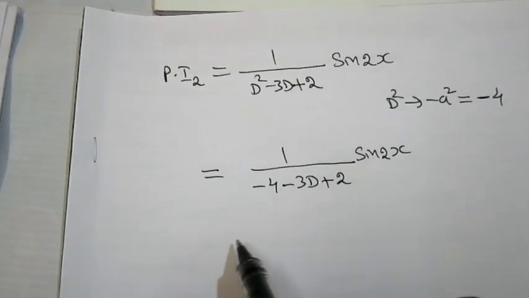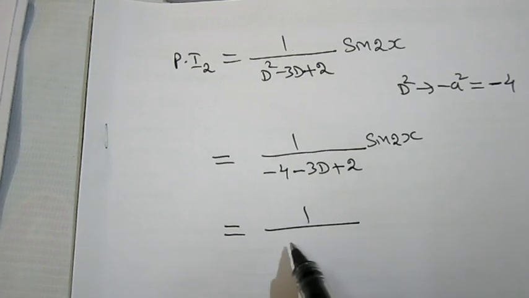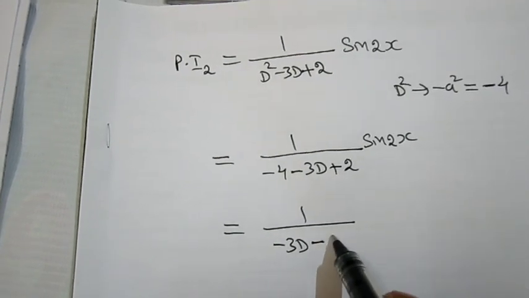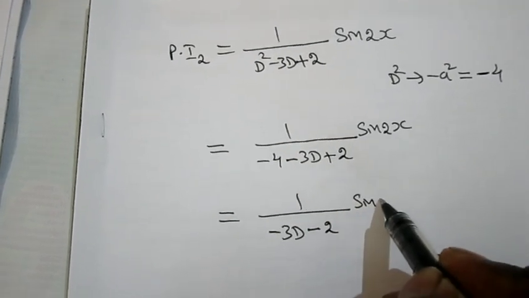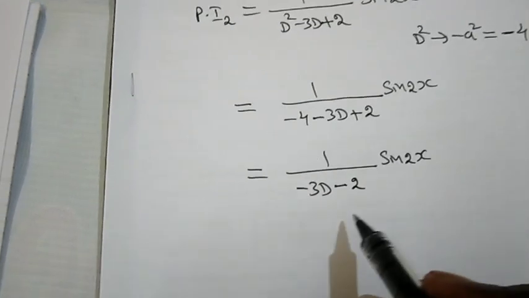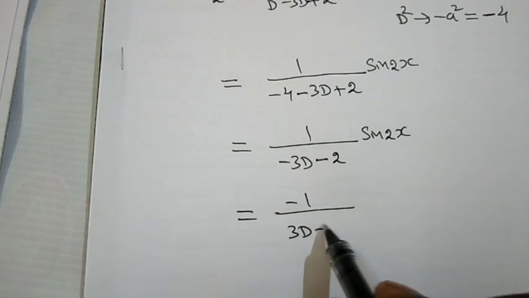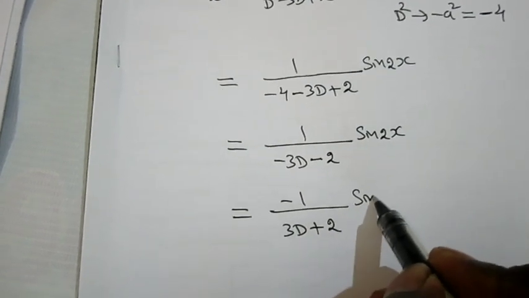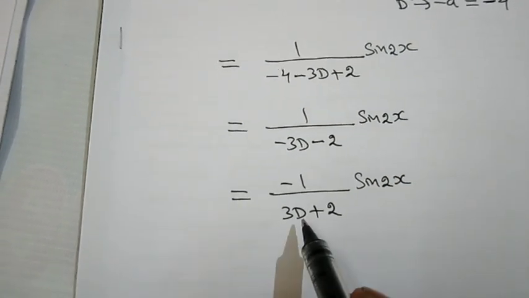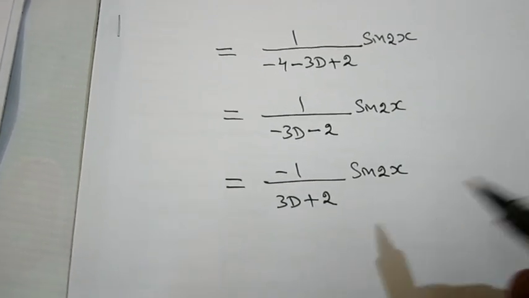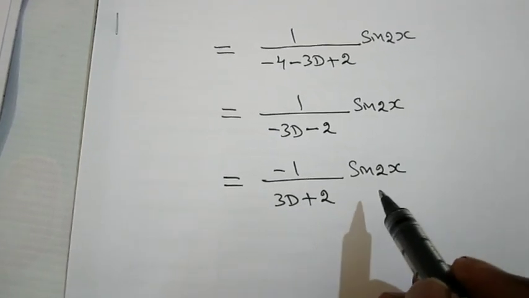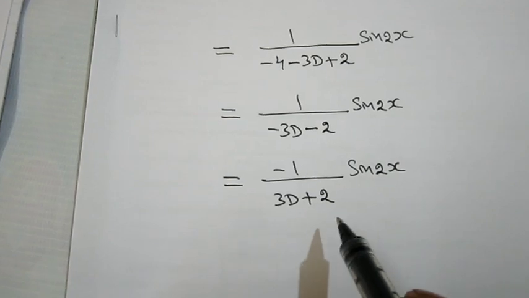Okay, now simplification is minus 3d minus 2 into sin 2x. Then take minus in the numerator, so minus 1 by (3d plus 2) into sin 2x. But I want the denominator d², then only I can replace the d² value, because in the third type you have to replace only for d², not for d.